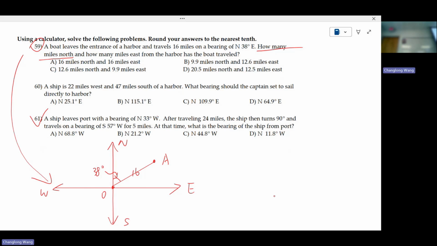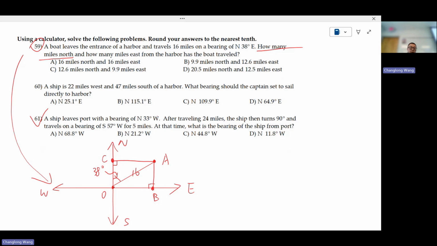But if you want to know how far strictly north or east, you need to imagine projecting the point onto the eastward direction. Let's say this is a point B, and projecting A to the northward direction, that's a point C, right? You form a rectangle, with two congruent right triangles.